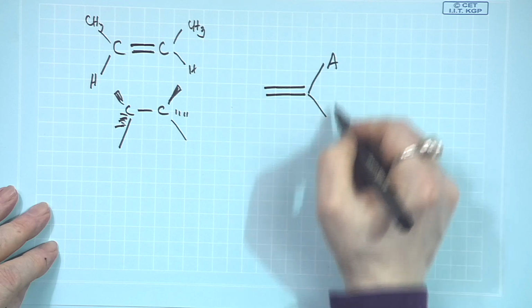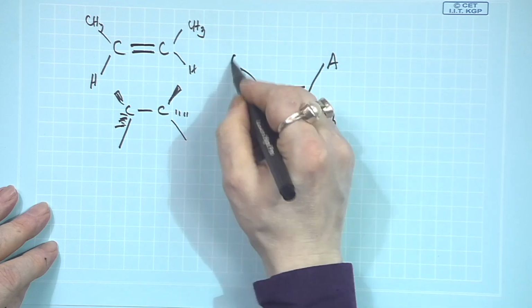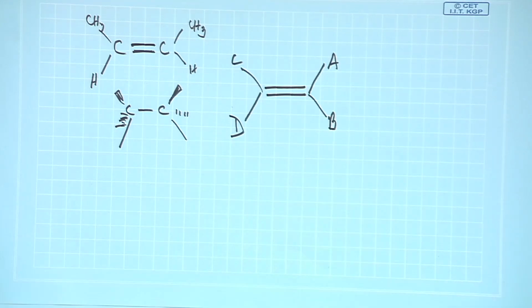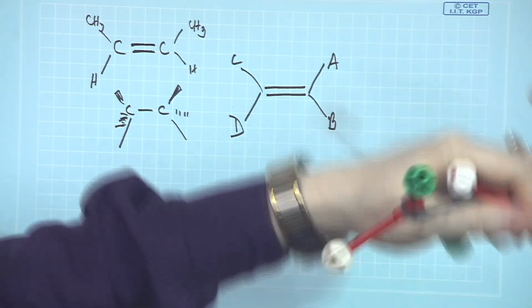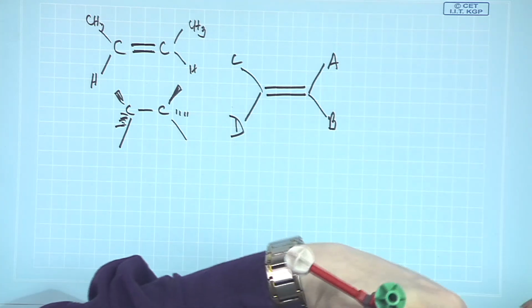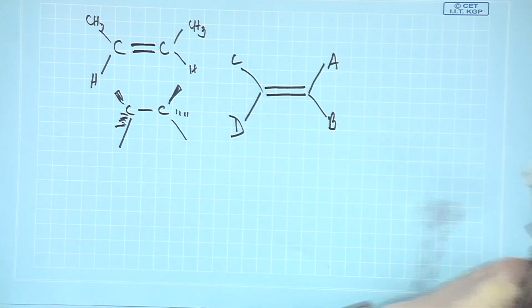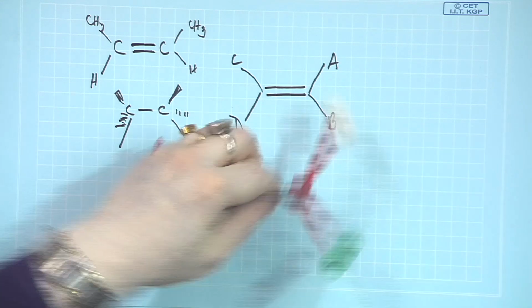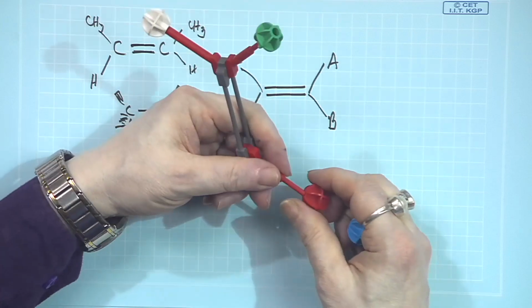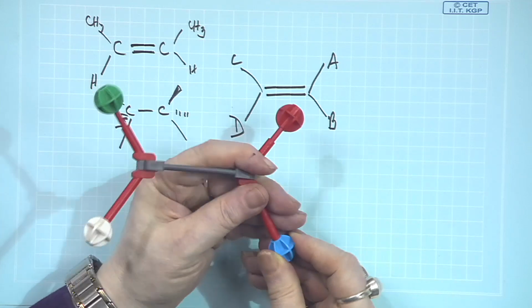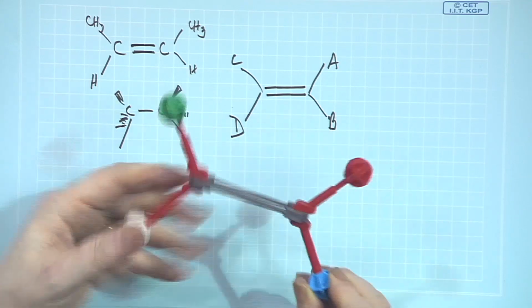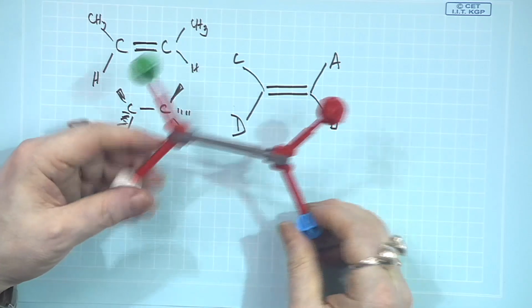Suppose this is A, this is B, this is C, this is D. So, I put 4 different substituents in an alkene, and you think that this has no improper symmetry.